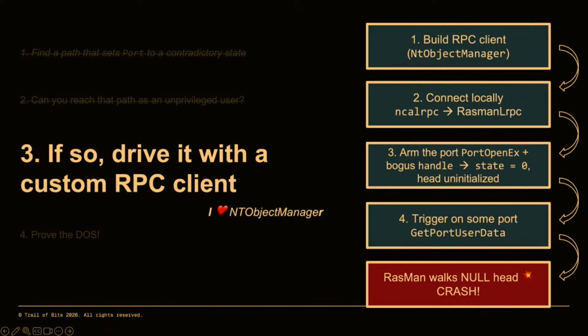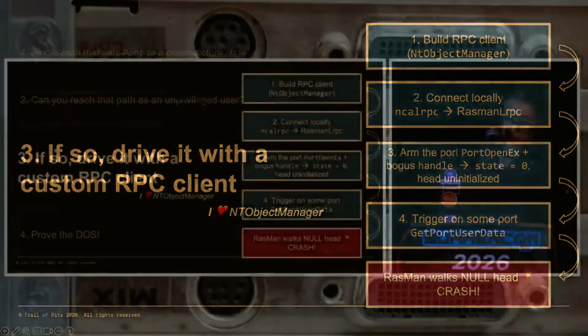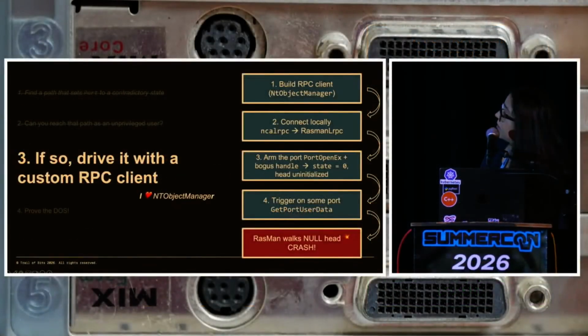It was built by James Forshaw, a really cracked Windows researcher, to help speed up a lot of his RPC research. Instead of writing out C++ code and building the client manually, NT Object Manager automates a lot of the boilerplate for you. So you can just specify exactly what you need, write a PowerShell script, and you'll have an RPC client.